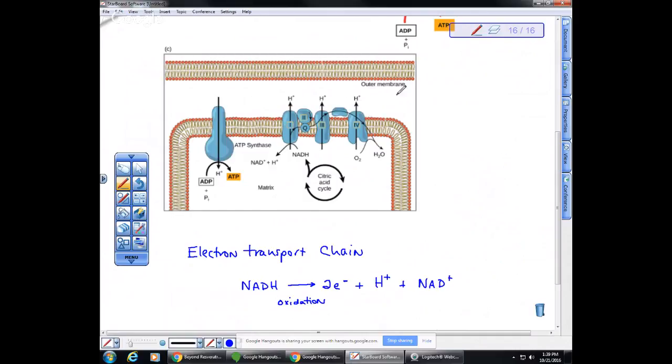And so what we get is a much higher hydrogen ion concentration out here than, say, inside the matrix. And that is important because that sets up a potential energy gradient, okay?